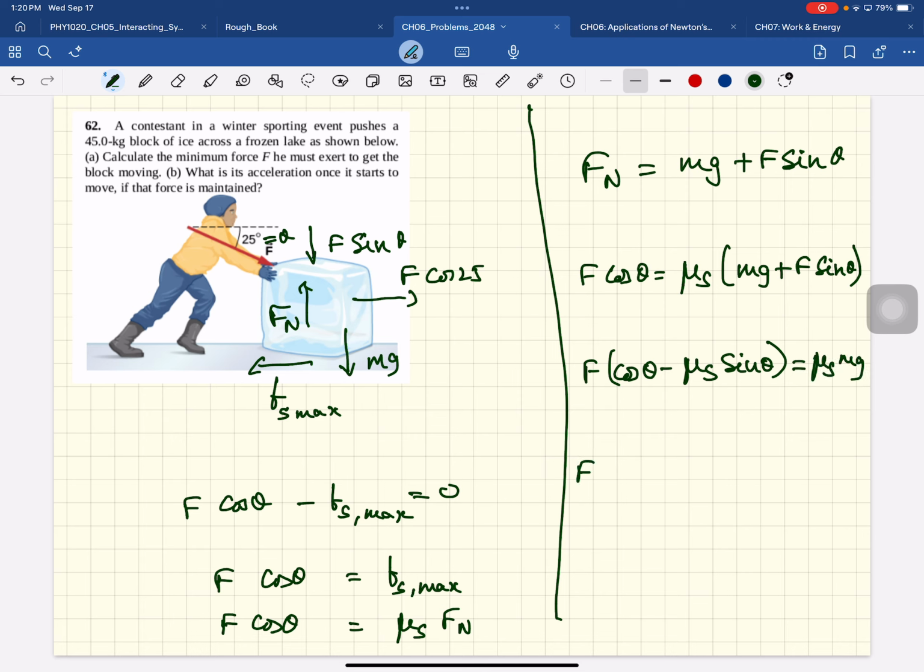So F is mu s times mg over cosine theta minus mu s sine theta. Okay, so that is the force you need. That's the minimum force you need to get the object started.